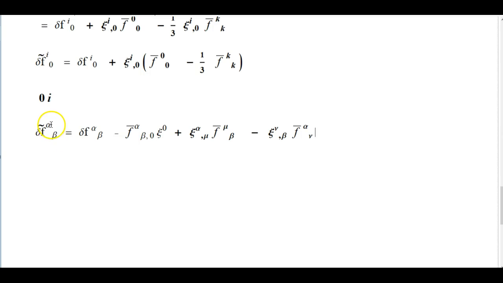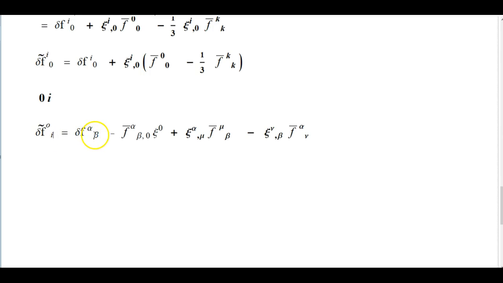Okay, so we write 0 here, I here, beta is I, alpha is 0.